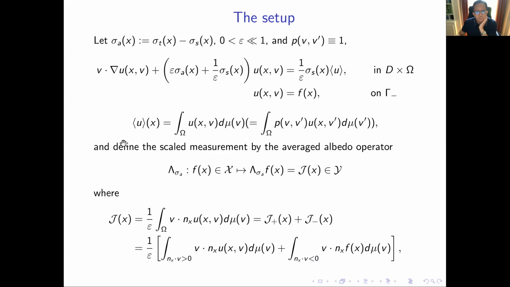Then we try to see, when we recover sigma A, what kind of instability there could be. This is the simplified setup for our constructive approach. And our measurement is the averaged one, which is the total flux at the boundary. Since we know the incoming flux, we only need to measure this in order to know the total flux.